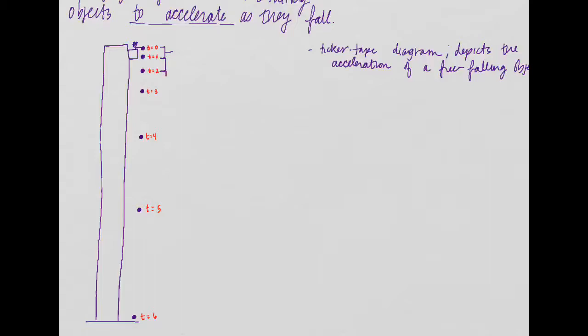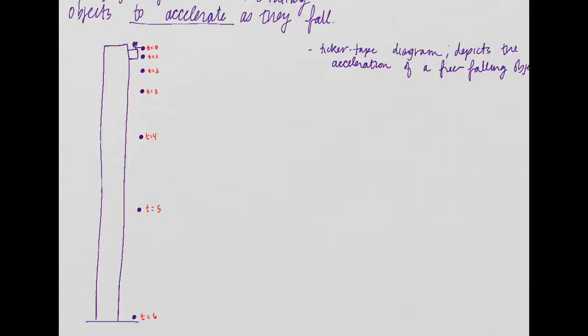Between 2 and 3, it travels this far. 3 and 4, it travels this far. So we can see that the distance that the ball is falling with each second is increasing. Therefore, our velocity is increasing because our displacement is changing, and therefore velocity is changing. That means the ball is accelerating, right?